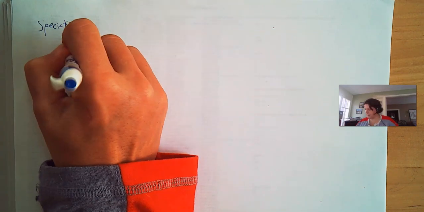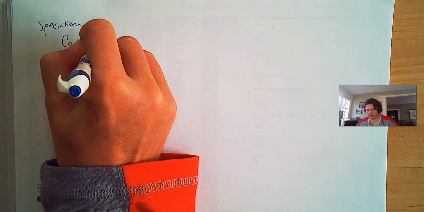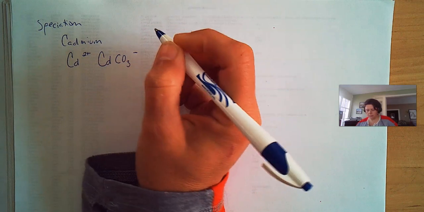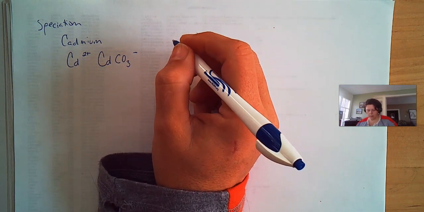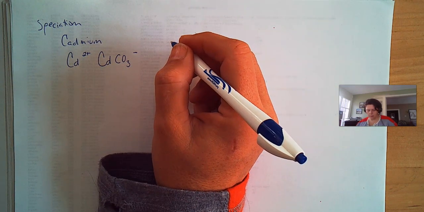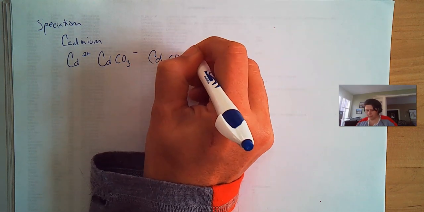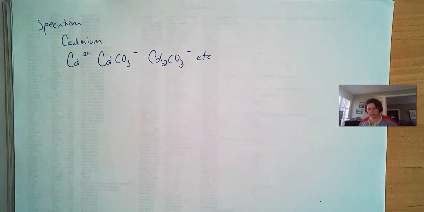But cadmium can exist as a divalent cation. It can also exist as CO3, as cadmium 2, CO3 negative, etc. So it can live as different species and complexes, which can have different affinity for soils.